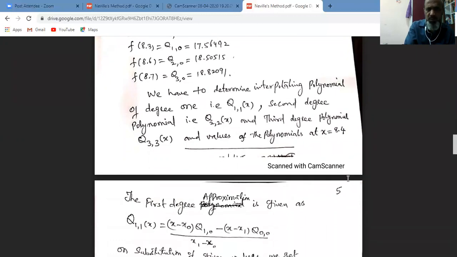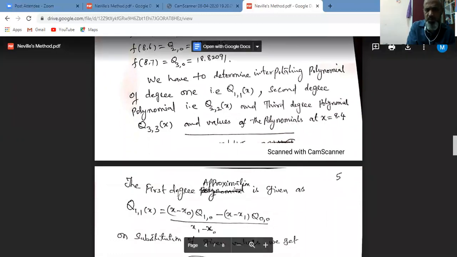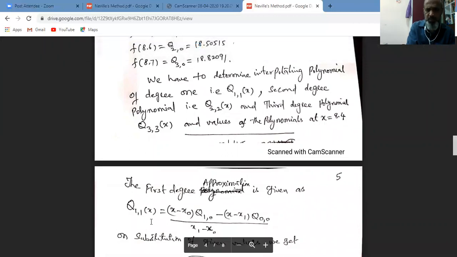Now the first degree polynomial, first degree approximation is given as q11x. So you have already defined what is q11x. If you substitute i is equal to 1, j is equal to 1 in the formula, we will get q11x, and q11x is called the first degree approximation.